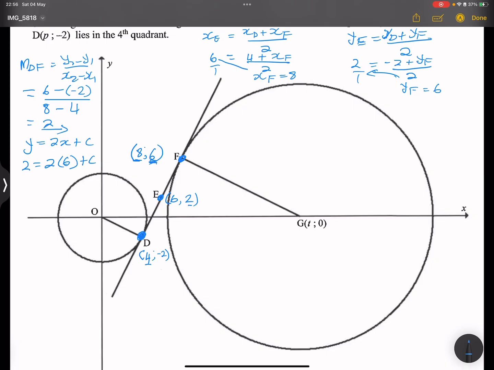If I take this to the other side, it becomes -10. So C is -10. So we can write that equation in the form y is equal to 2x minus 10.